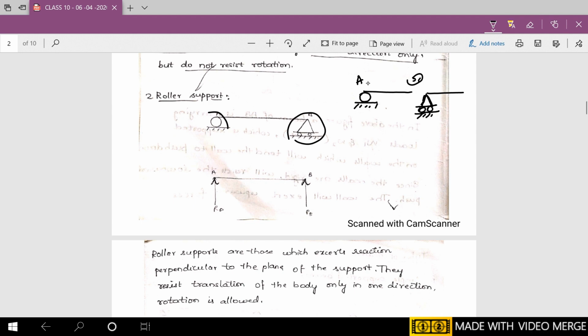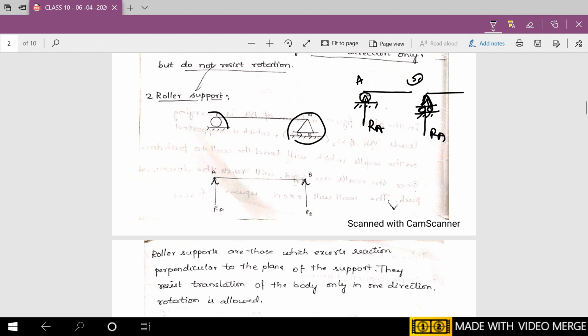You can see that you can't move the scale up and down along the y direction because there is a resistance. So I have to give a reaction in this way, that is RE in both cases, correct?